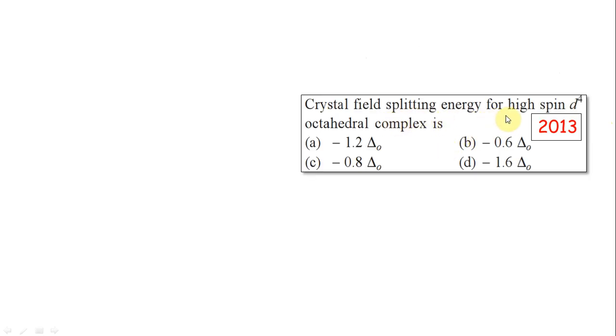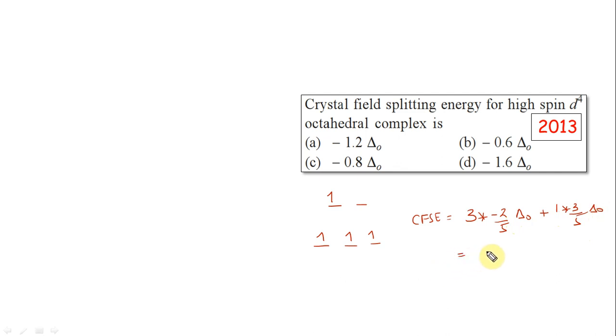Crystal field stabilization energy for a high spin d4. Okay, this is a pretty good problem. 1, 2, 1, 2, 3. High spin d4. So this is d3, high spin means d4 here. So CFSE equals, I have 3 electrons here which contribute minus 2/5 each, delta naught, plus 1 electron which contributes 3/5.